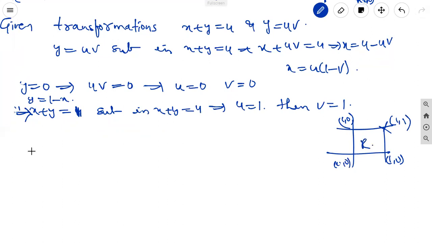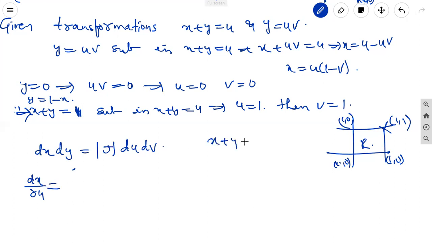Okay, now we can find out dx dy is equal to the determinant of Jacobian du dv. Here find out dou x by dou u.